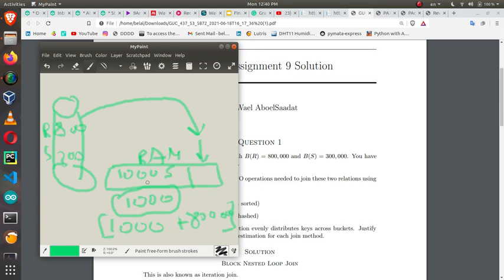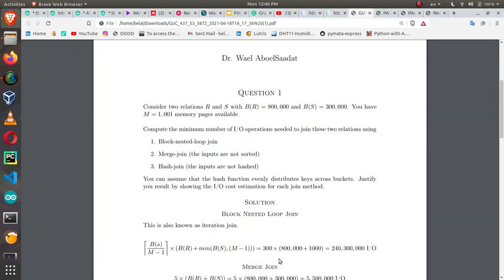So we can ask ourselves how many thousands are there in relation S. Okay, 300,000 over 1000. This gives us the number of chunks. Let's check our answer. Correct. And this will cost us 240 million input-output operations. A very huge number.